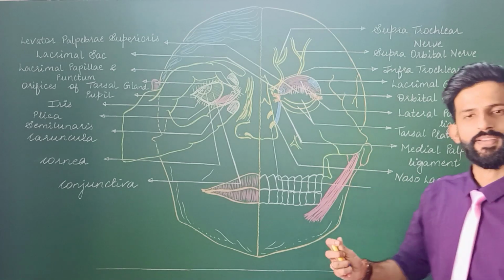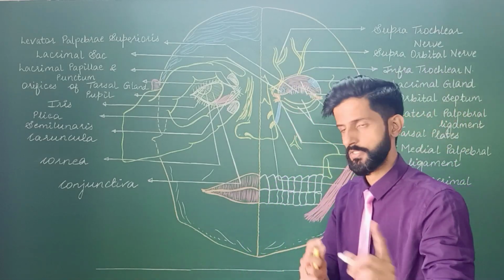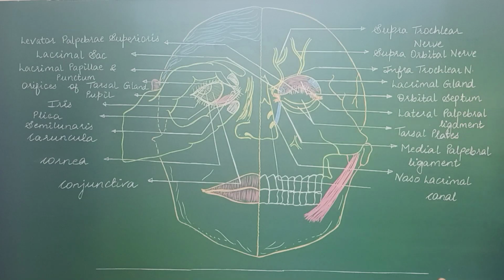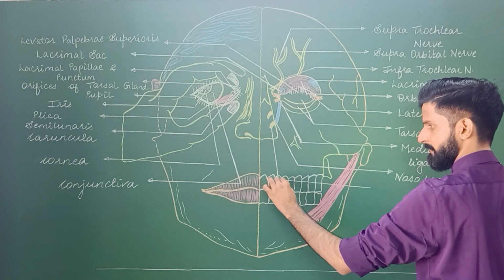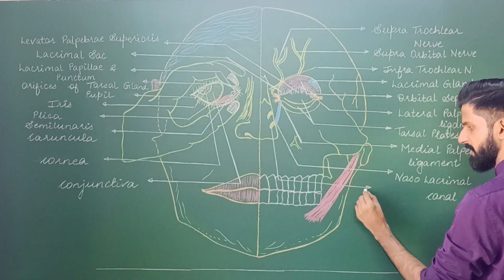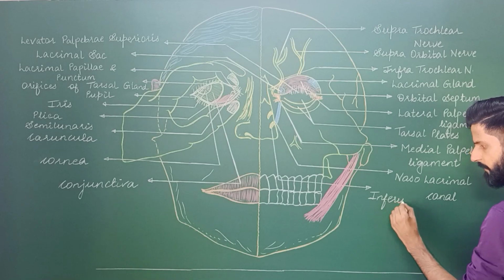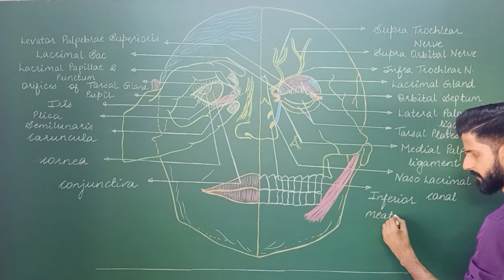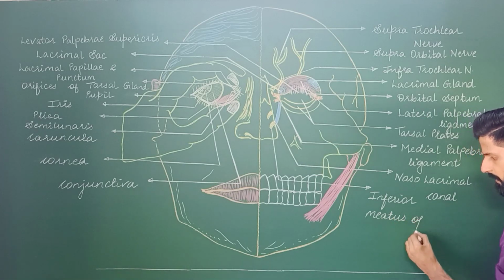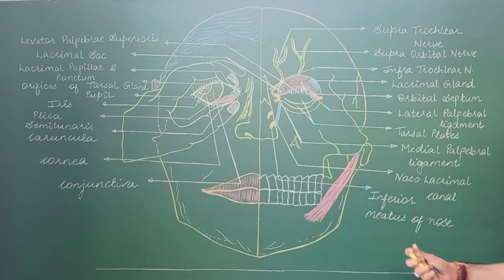I hope this all naming is visible to you. If it is not visible to you, I'll adjust the camera setting. Just hold on. Okay. And then on the lower side, this is the inferior meatus of the nose. So what do we see in this diagram?